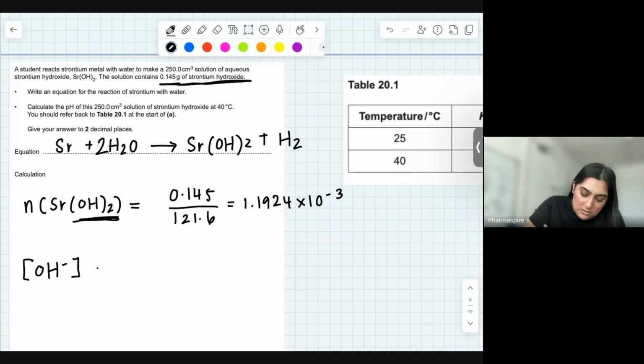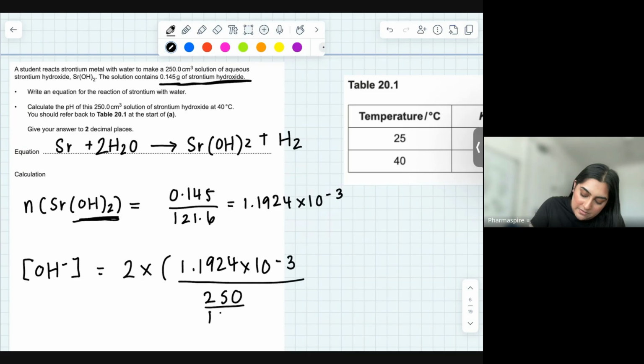So I'm going to do 2 times 1.1924 times 10 to the power of minus 3 divided by 250 divided by 1,000. So whatever that is, I should get my answer for my concentration.